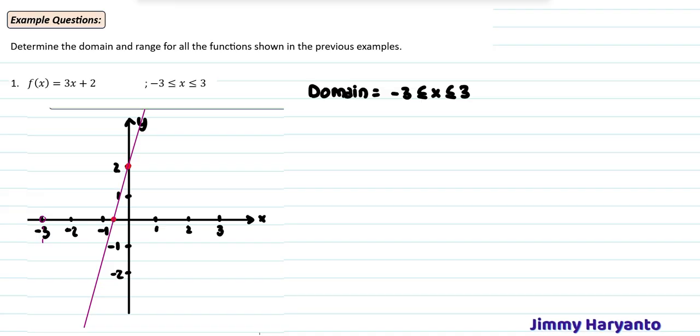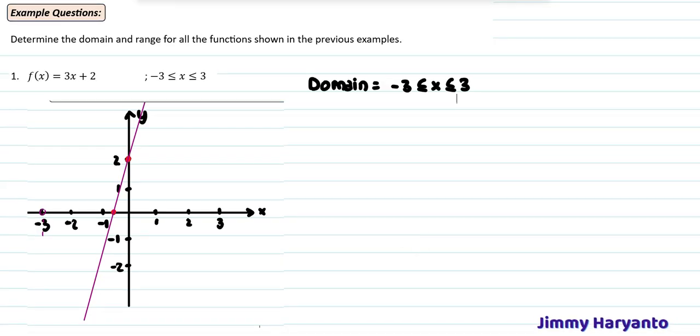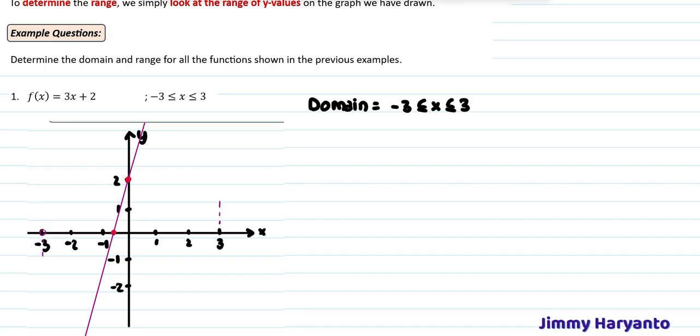And then to find the values of y, or the range, we have to know the shape of the curve and also the points, the minimum point or the lowest point and also the highest point on that curve. Unfortunately, the highest point should be right here when x equals 3.